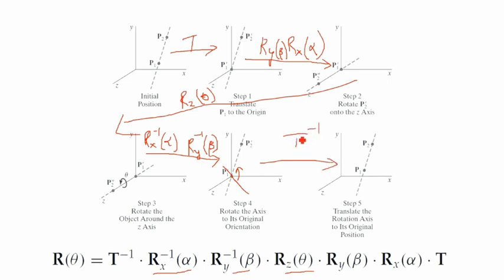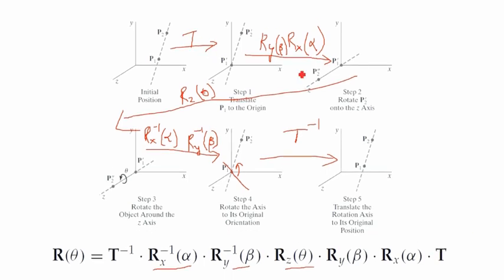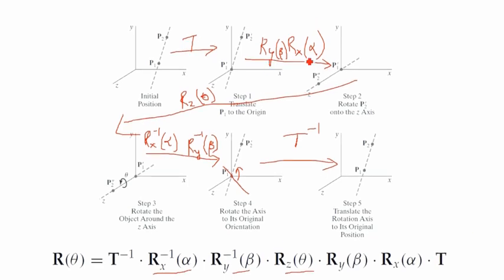So we perform translation, that is T, and then we perform Rx of alpha, and then we perform Ry of beta, and then we perform Rz of theta, and then we perform inverse of Ry of beta, and then we perform inverse of Rx of alpha, and then we perform inverse of translation, that is T inverse.